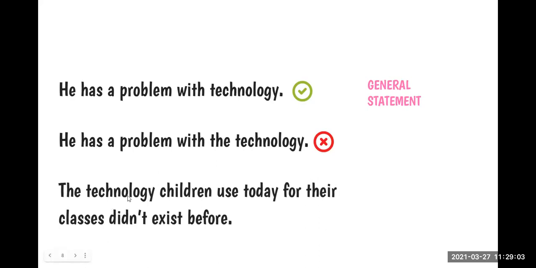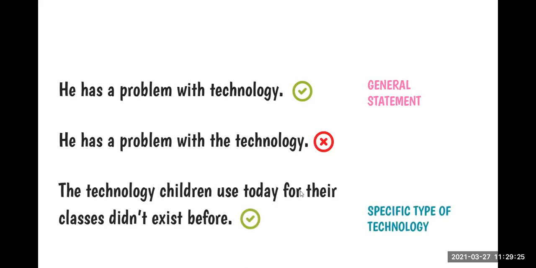For example, in this sentence, the technology children use today for their classes didn't exist before. So we are talking about the technology children use, okay? We are not talking in general. We are talking about something, a specific type of technology. So remember this.